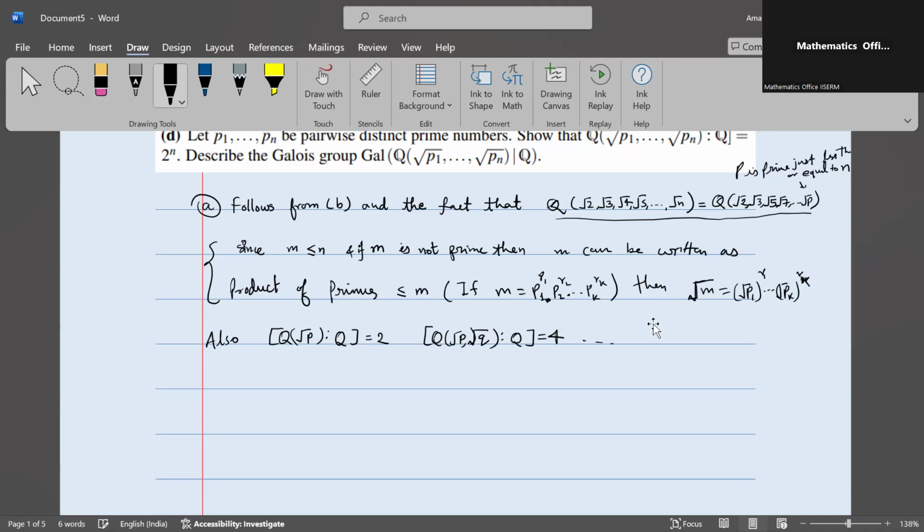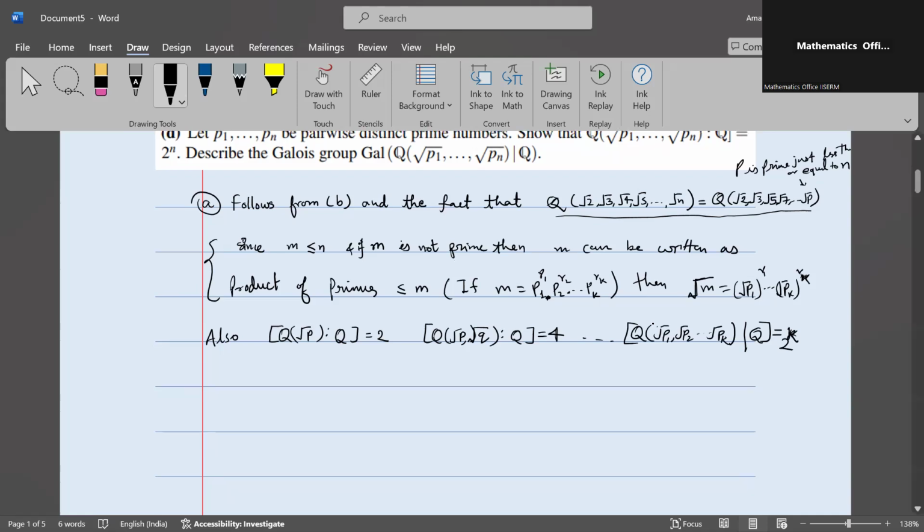This follows: Q(root p1, root p2, ..., root pk) for distinct primes. In fact, over Q, this degree of extension is 2 power k. So a follows from here.